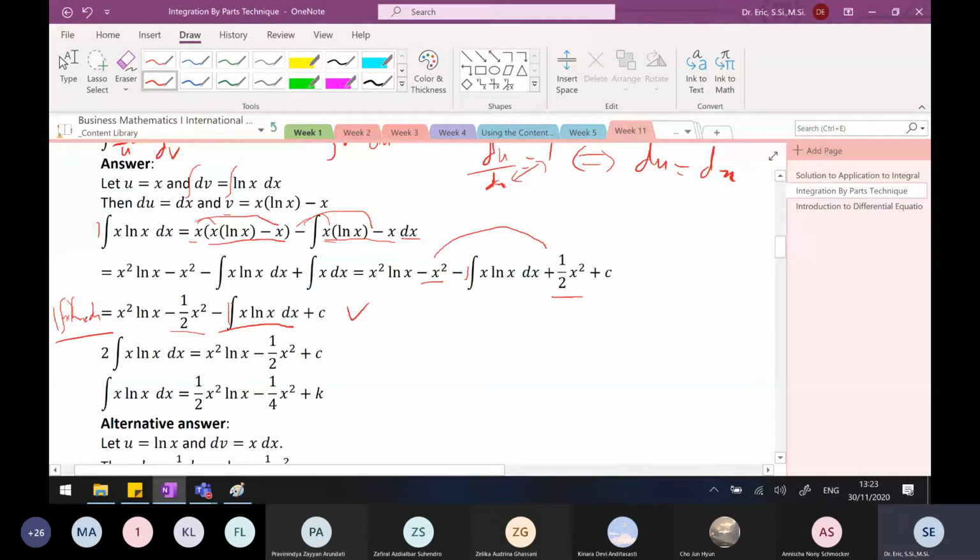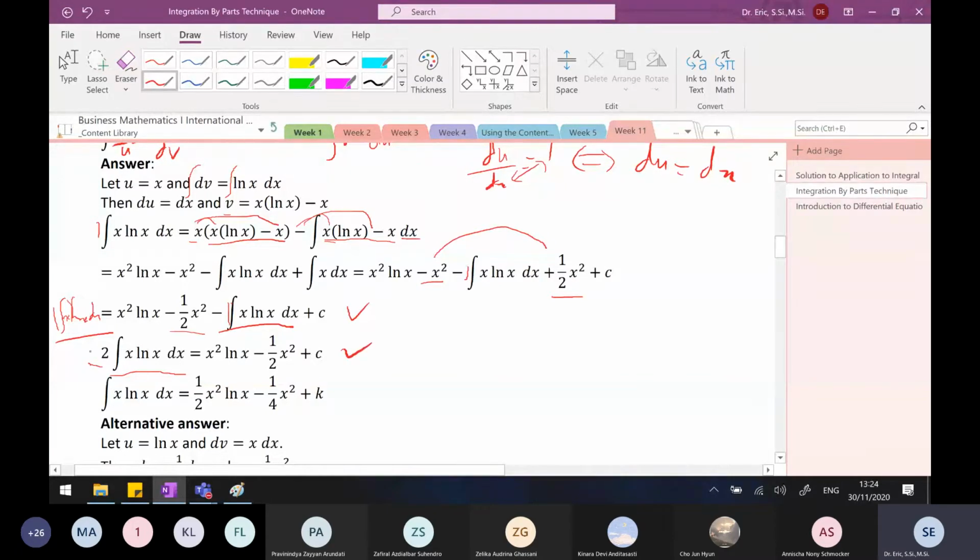So 1 of this plus 1 of this becomes 2 of this. The rest remains the same: x squared ln x minus a half x squared plus a constant.